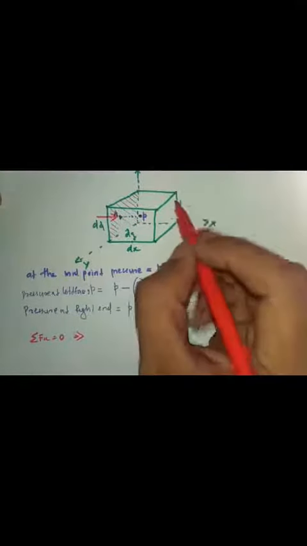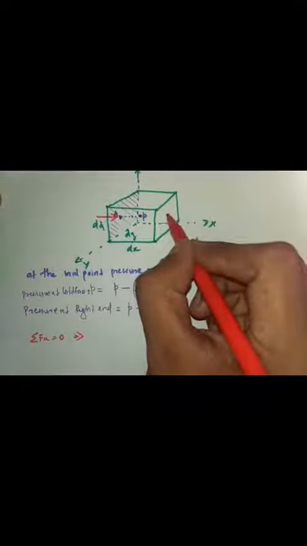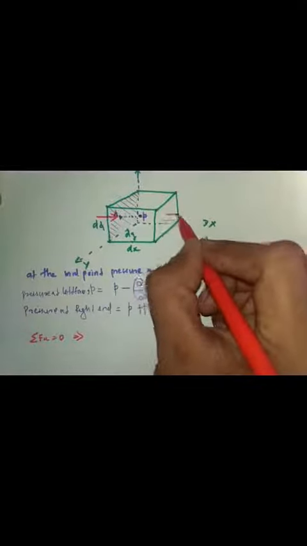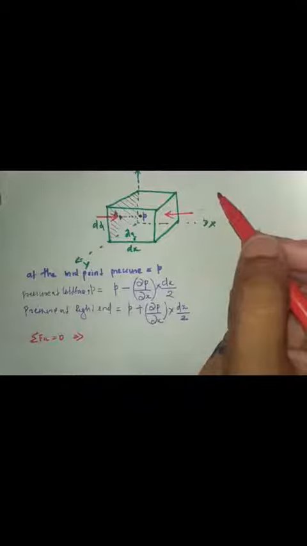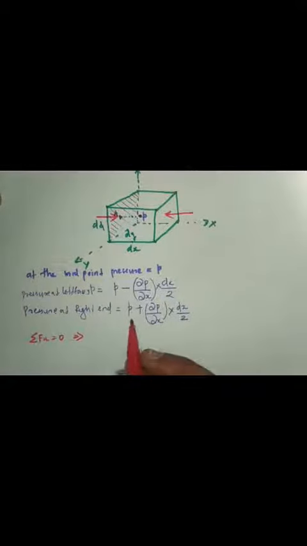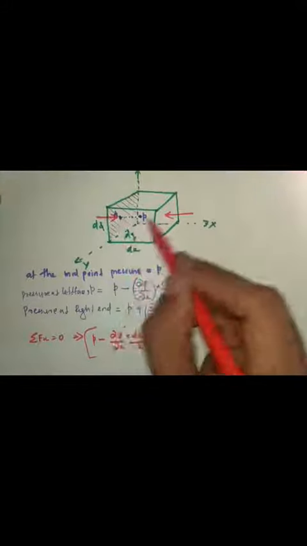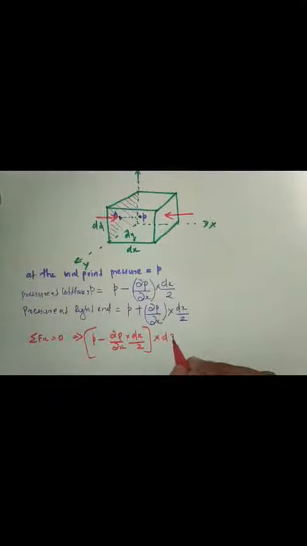Pressure at the left face is P minus dou P by dou x into dx by 2. This is the pressure into that area. What is that area? dz into dy.